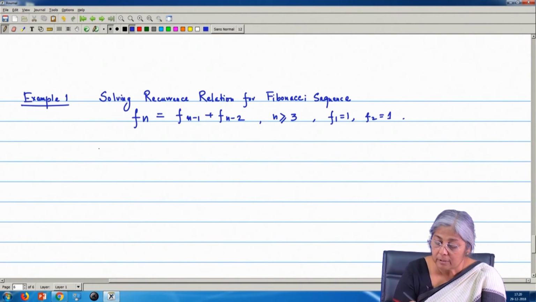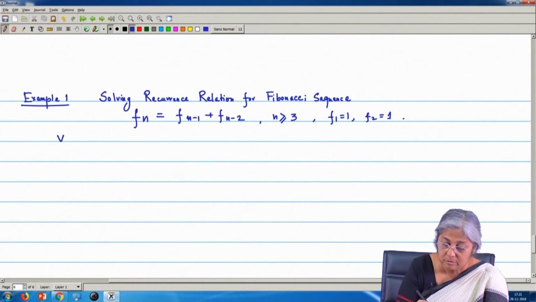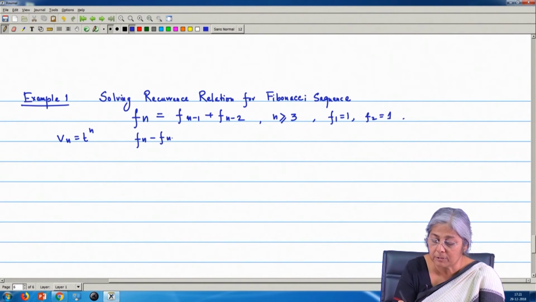If I put the solution of the form f n equal to t to the power n, we get f n minus f n minus 1 minus f n minus 2 equal to 0.